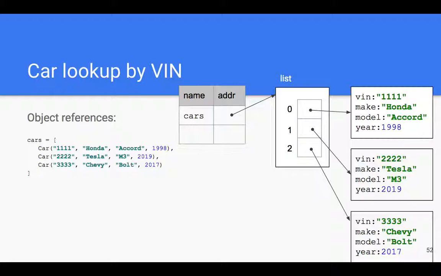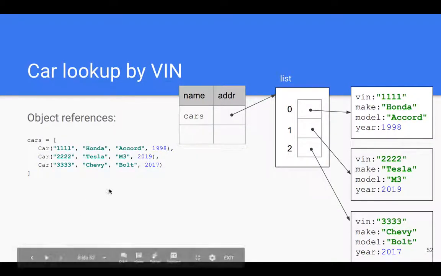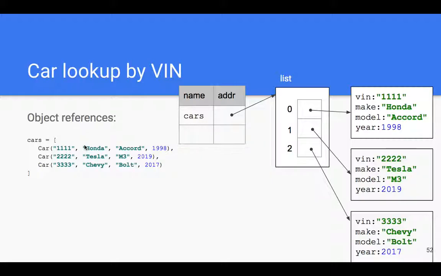Hopefully this picture looks familiar to you. Remember, everything in Python is an object, and every name is just a reference to those objects. So this should be a review. cars is a name that is associated with a list, obviously. And inside the list, there are 3 instances, at index 0, 1, 2.